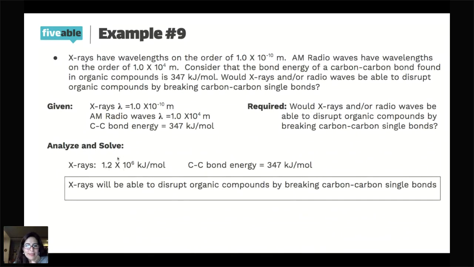As you can see, X-rays have a much, much higher energy value, bigger than the energy needed to break the carbon-to-carbon single bonds, which all organic compounds have. So if you're exposed to a lot of X-rays, you can disrupt organic compounds. And remember that we are organic compounds. Our tissue and our muscles are made of organic compounds. So that's why you need to be careful.